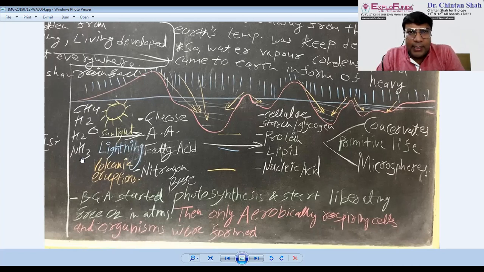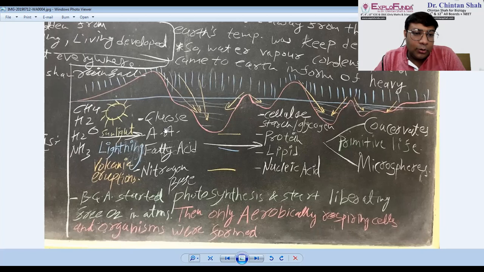What do you mean by anabolism? Anabolism means a synthetic process, which gives rise to something, and the opposite is catabolism, which is degrading something. So because of methane, water, ammonia, and hydrogen, sunlight, lightning, and volcanic eruptions might have given rise to glucose, amino acids, fatty acids, and nitrogen bases.